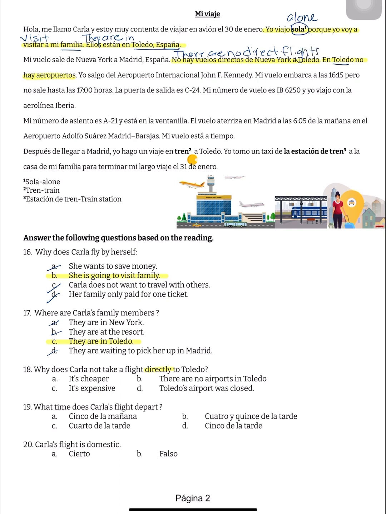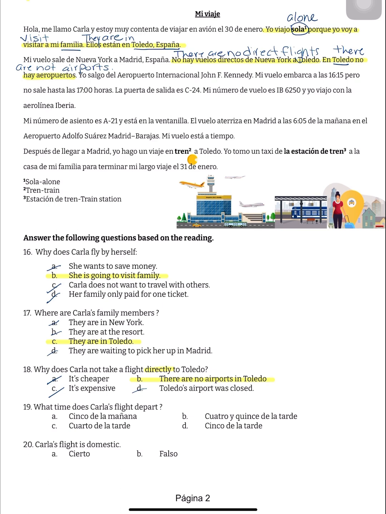And then it says Toledo, there are no airports. So let's see which one that leaves me with. Doesn't mention anything with cheaper, expensive. My answer is going to be B. And it doesn't mention anything about it being closed, because there are no airports there.